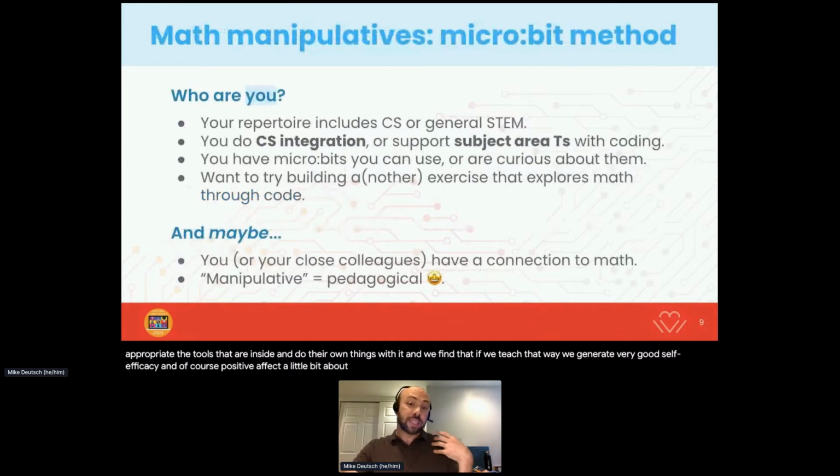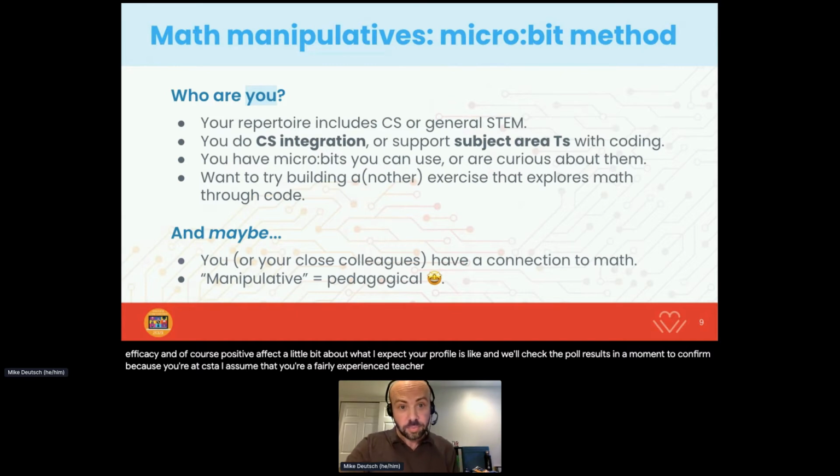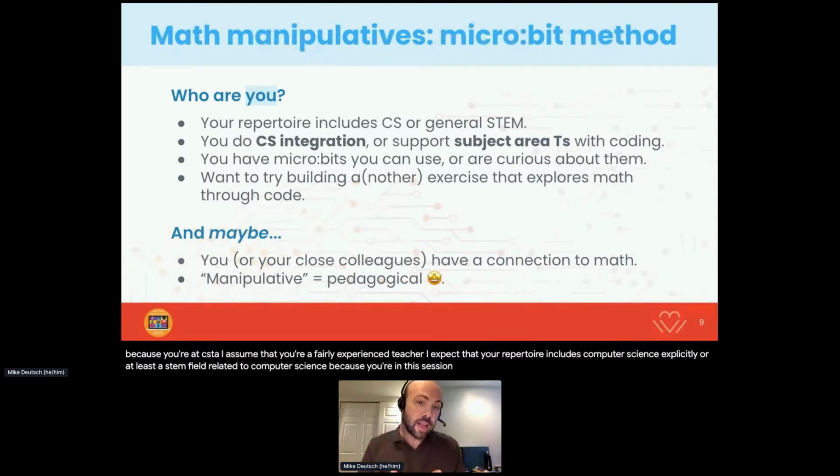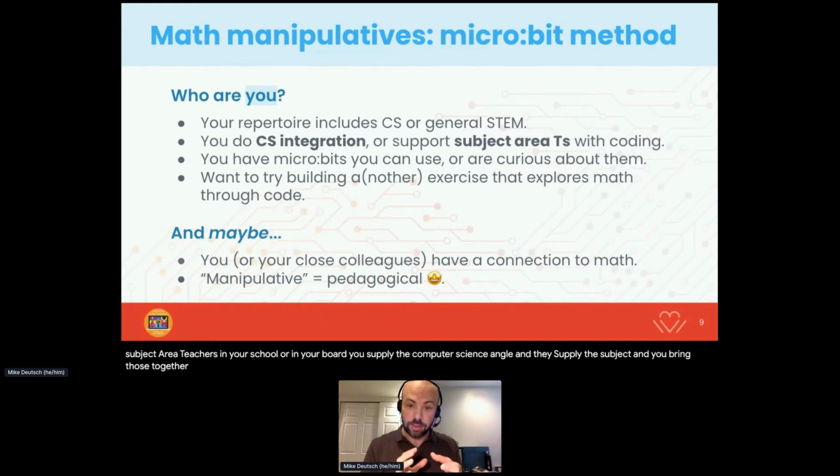A little bit about what I expect your profile is like, and we'll check the poll results in a moment to confirm. Because you're at CSTA, I assume that you're a fairly experienced teacher. I expect your repertoire includes computer science explicitly, or at least a STEM field related to computer science. Because you're in this session, I'm guessing that you do some CS integration, or you support subject area teachers in your school or in your board. You supply the computer science angle, and they supply the subject, and you bring those together.